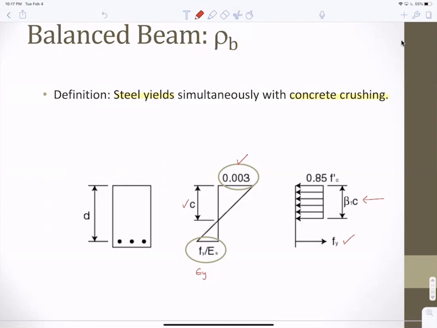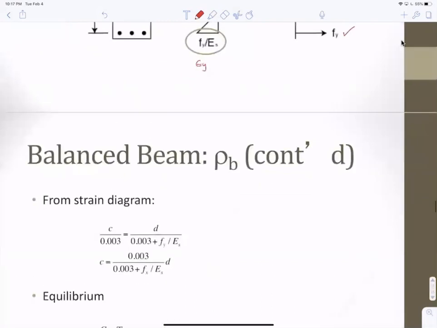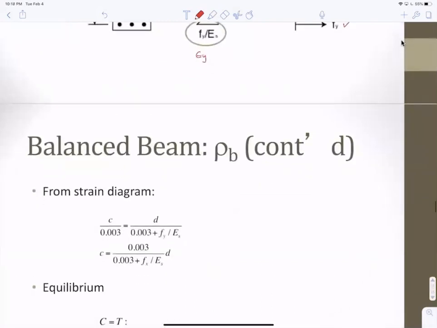So from this strain diagram, let me just redraw that here. That's 0.003. That's c. This is Fy over Es.